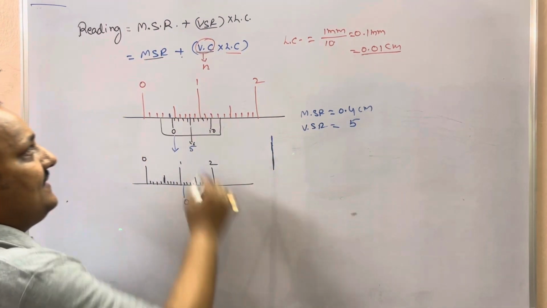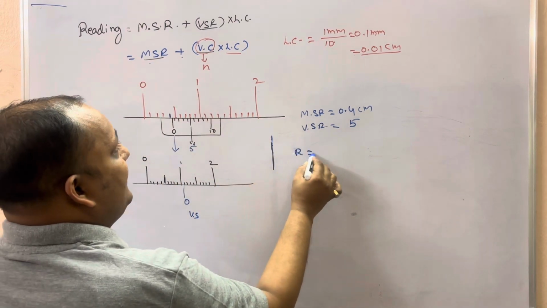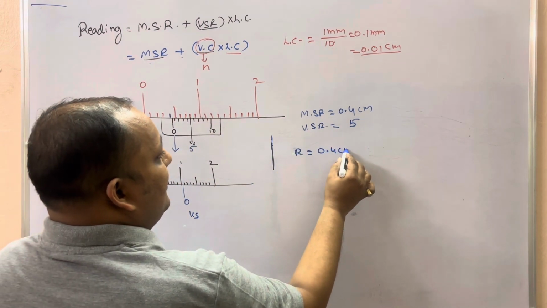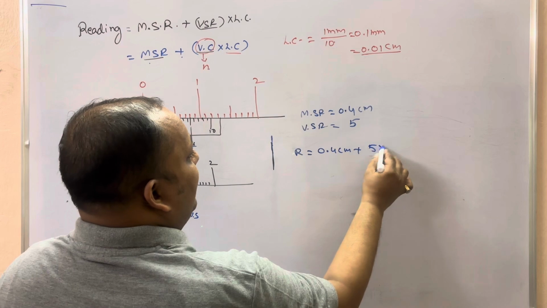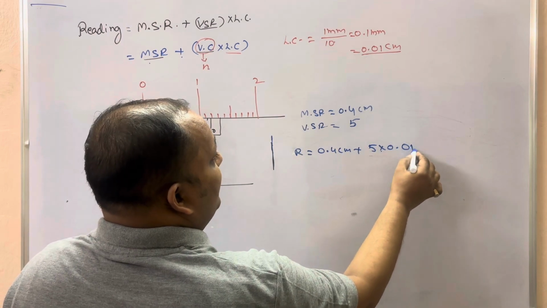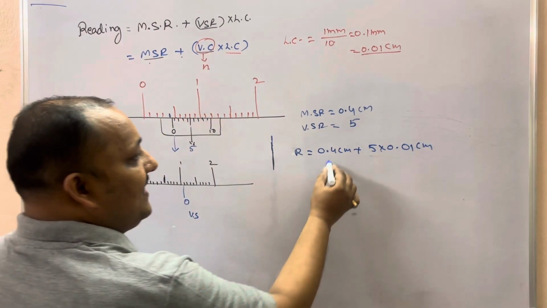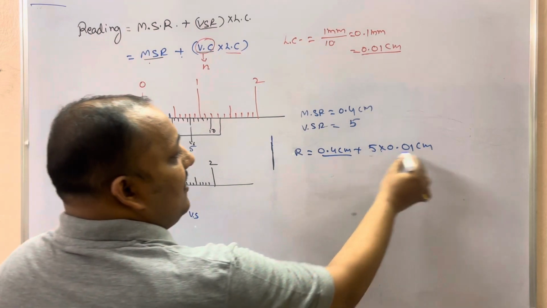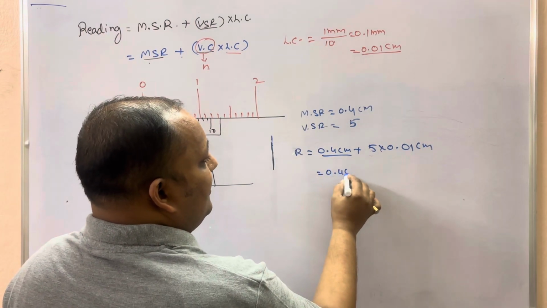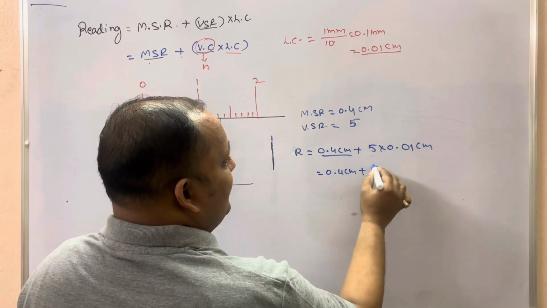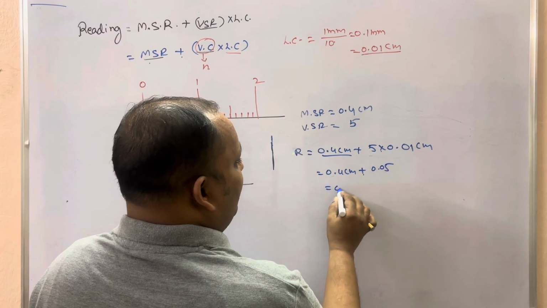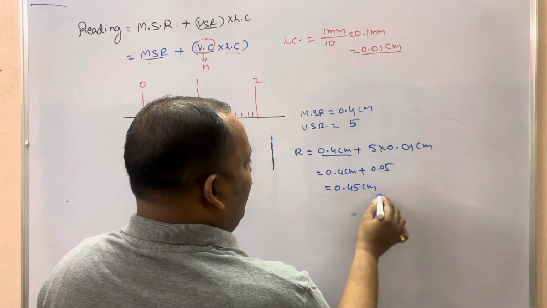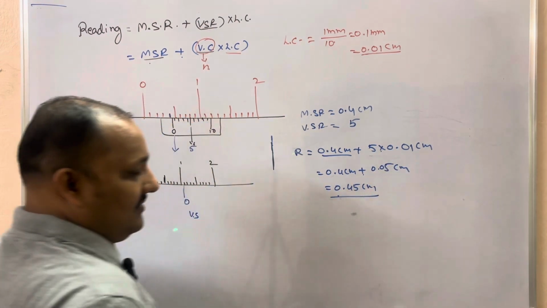Now, substitute in this. Total reading is equal to MSR plus 5 into 0.01 centimeters. If you are writing this one in centimeters, you have to write this one also in centimeters. 0.4 centimeters plus 0.05. Therefore, 0.45 centimeters.